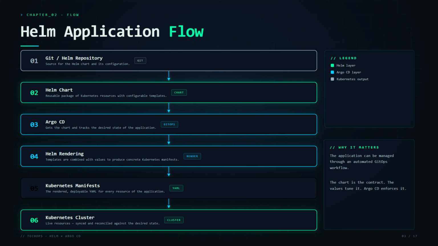Now let's look at the overall flow of a Helm application with Argo CD. We start with a Helm chart source. This can be a Git repository or a Helm repository. The source provides the Helm chart that Argo CD will use for the application. Argo CD then works with the chart and its configuration values.